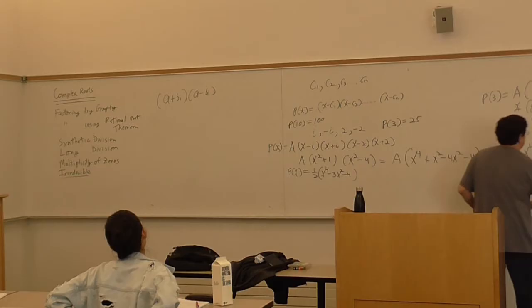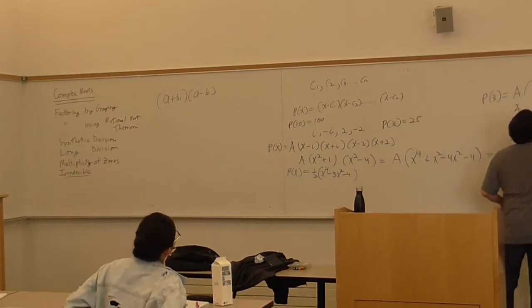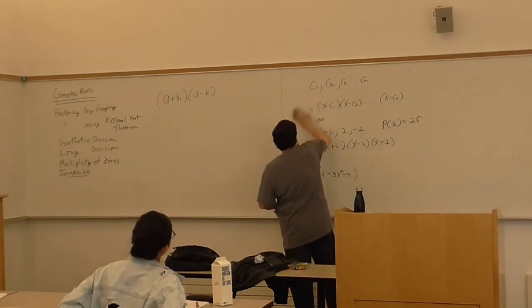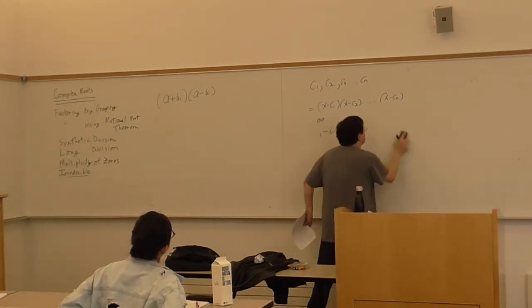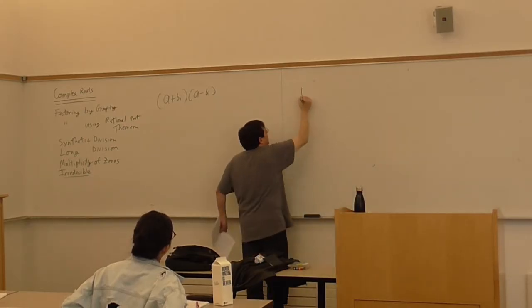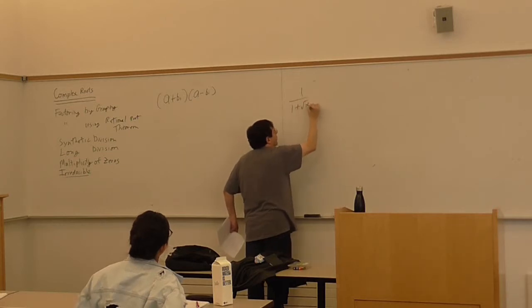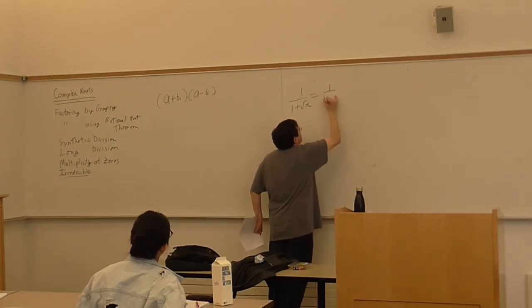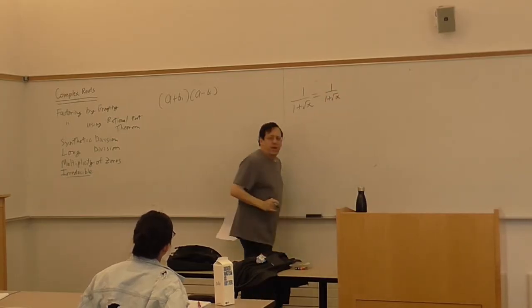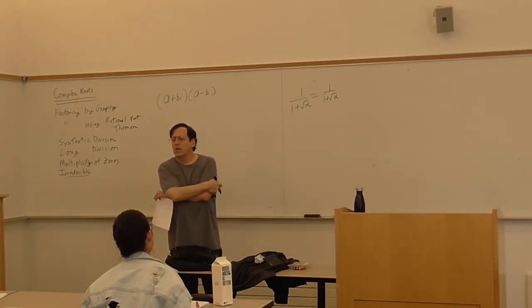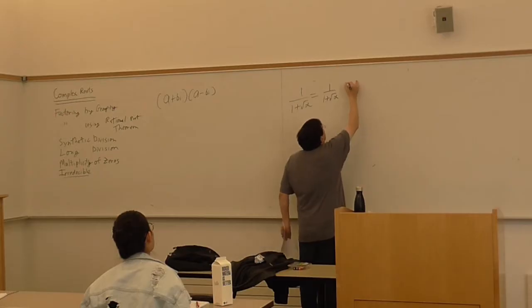If I had something like this, what do I want to multiply this by to get that radical out of the denominator? 1 minus root x.